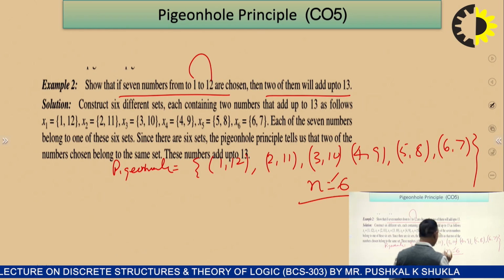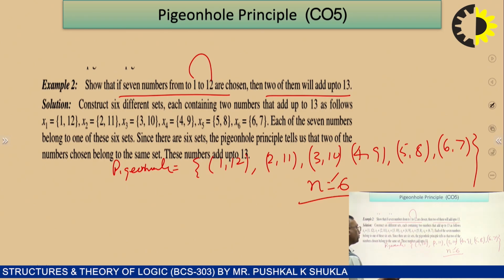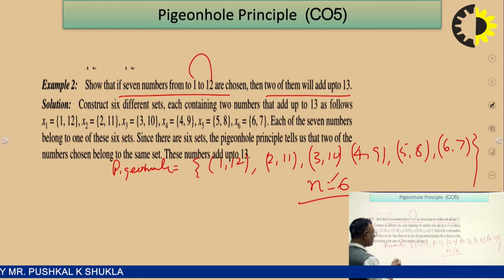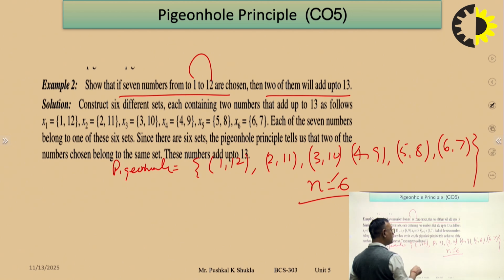6 pigeonholes are there. So each of 7 numbers belongs to one of these 6 sets. Since there are 6 sets, the pigeonhole principle tells us that 2 of the numbers chosen belong to the same set, so the numbers add up to 13. It means there are 6 pigeonholes, and one more, 6 plus 1, that is 7.